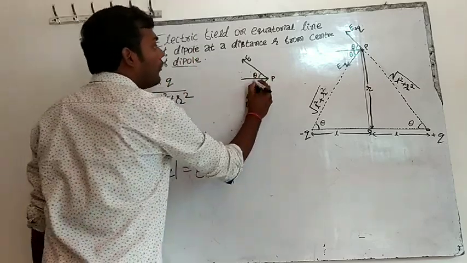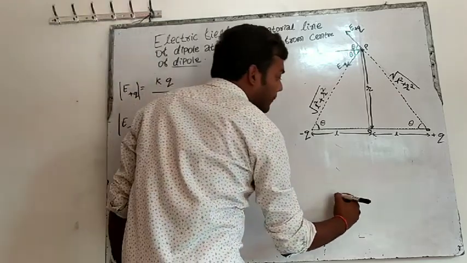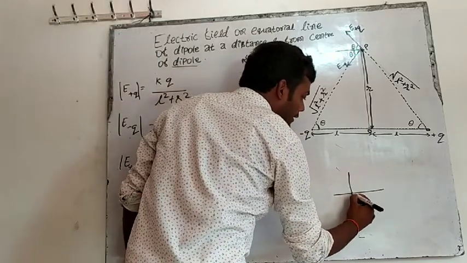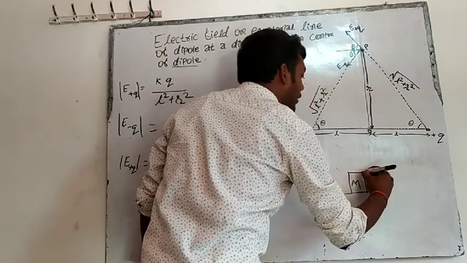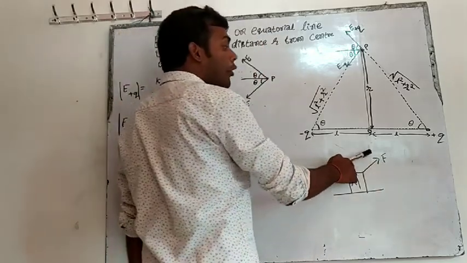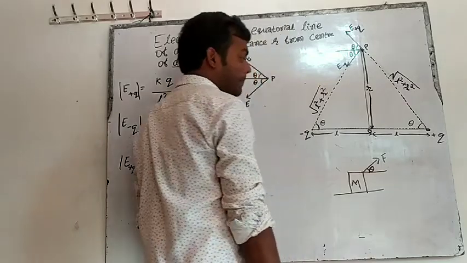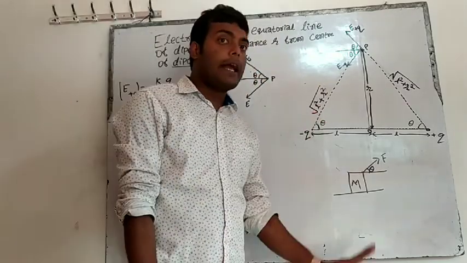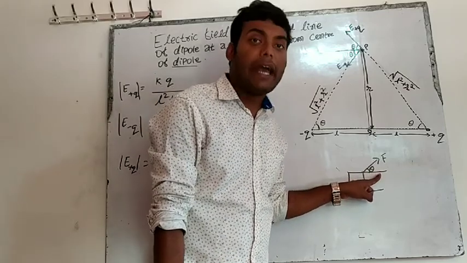Now see how we will take the component. In class 11 I told you all that suppose on this table there is a block of mass m which is kept, and on this block if I apply force F, and this force makes an angle theta with the x-axis. See what is happening here, this force is making angle theta with which axis? X-axis.